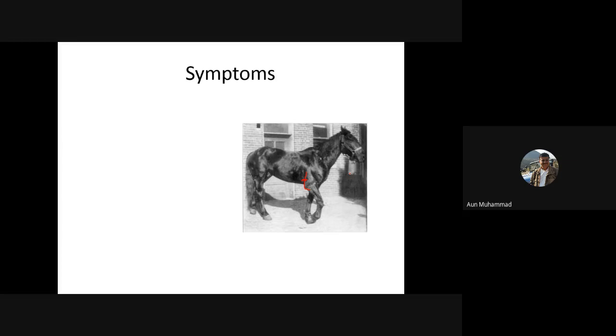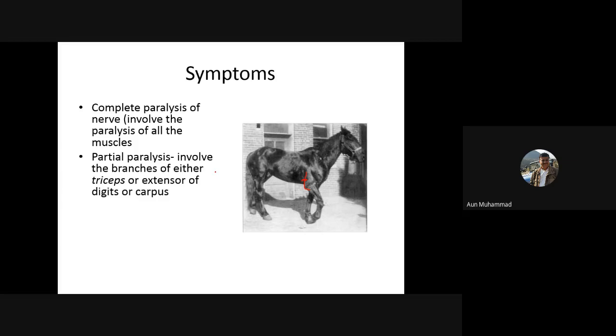When you come across such cases in the field, the main important sign would be the flexion of all joints in case of complete damage to the radial nerve, and the dropped elbow. The elbow joint will be more dropped down as compared to its normal position. So in case of complete paralysis, you will see pictures like here.